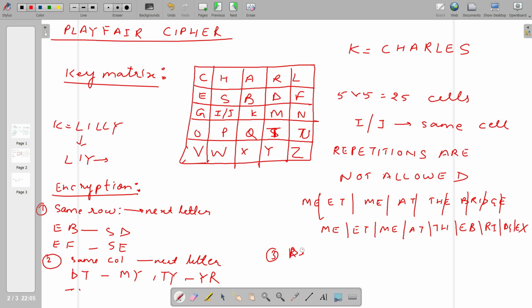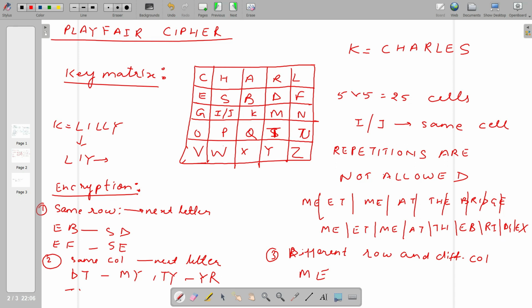They are in a different row and different column. So for example, M and E. Now M and E are in different rows and different columns.